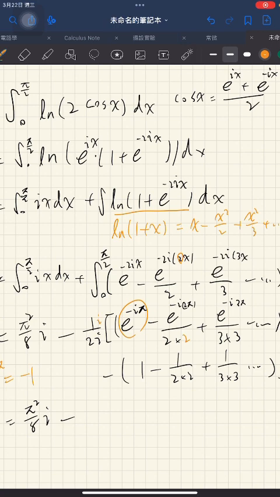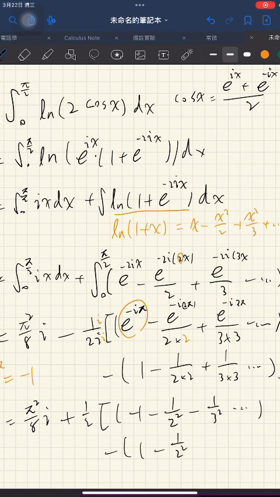We can multiply i on both sides, and we will get negative 1 minus 1 over 2 squared minus 1 over 3 squared, and so on, and minus 1 over 2 squared plus 1 over 3 squared, and so on.